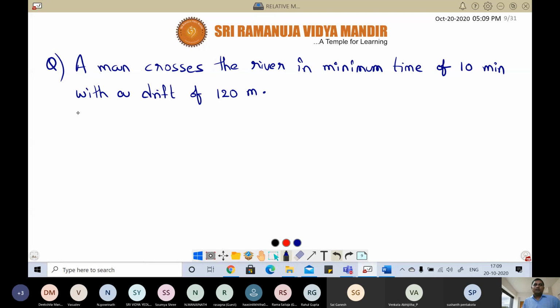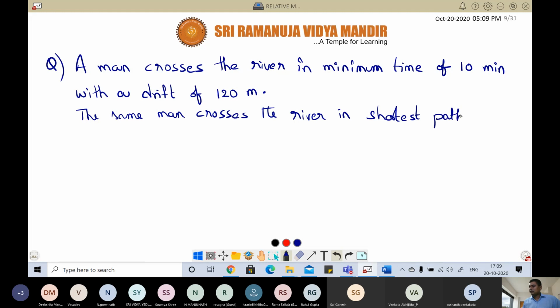Now the same man crosses the river, the other case, in shortest path. Shortest path means what is the drift? 0, sir. 0. So they won't mention, but there will be time, that is equal to 12.5 minutes. Minutes, please remember. This is also minutes.